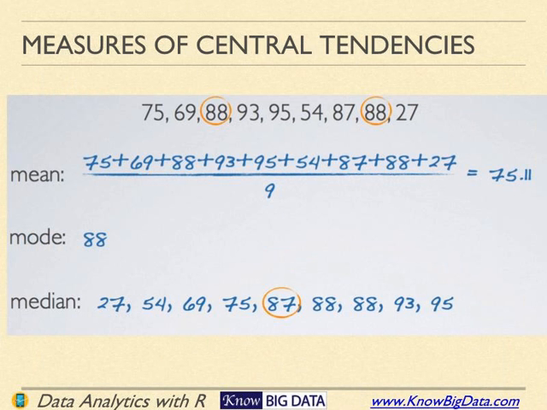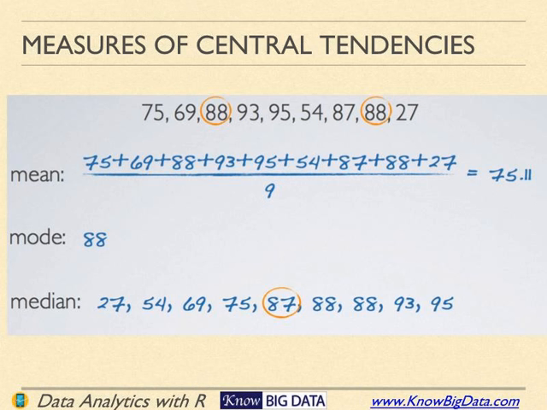Let's have a look at an example. The numbers we have right now are 75, 69, 88, 93, 95, 54, 87, 88, 27. The mean of these values is the sum divided by the count, which comes out to be 75.11.